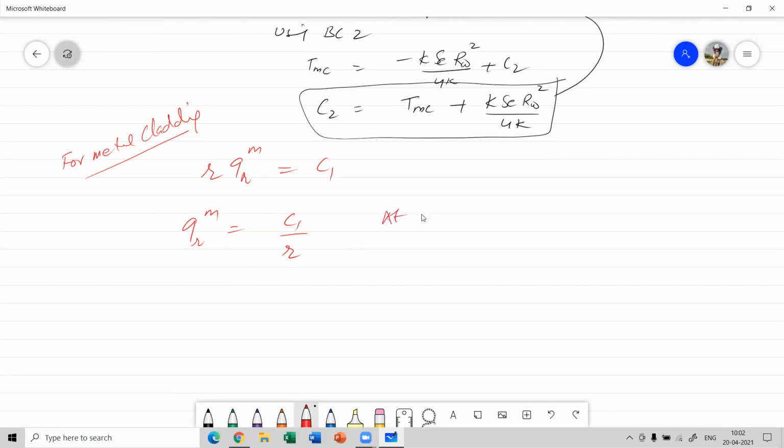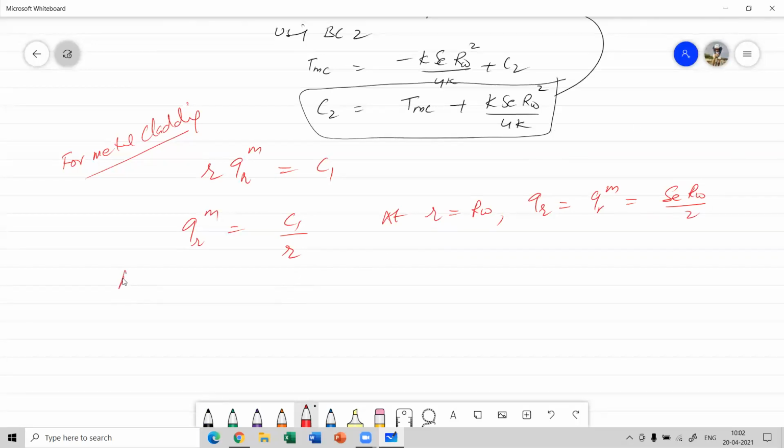Now at R equal to Rw, the heat flux at a solid interface is uniform, so it is this thing, which can also be written as Sc Rw by 2 using that equation.